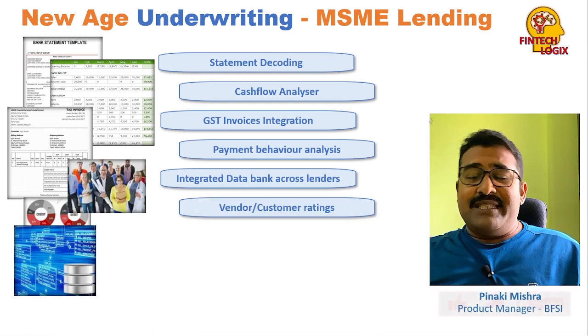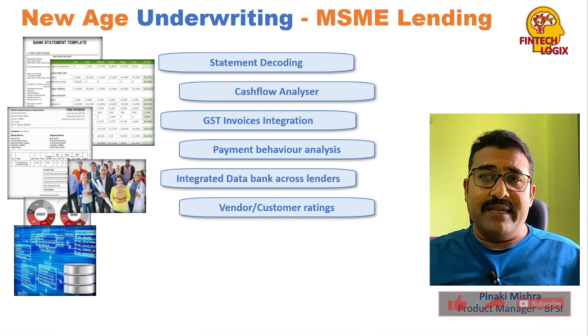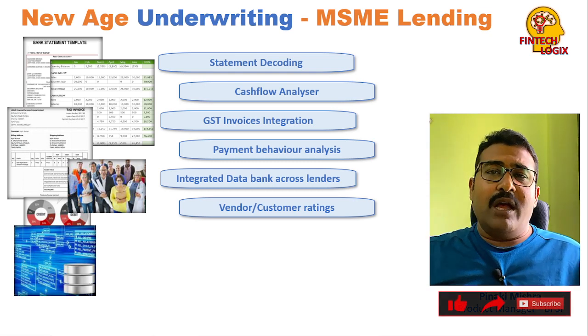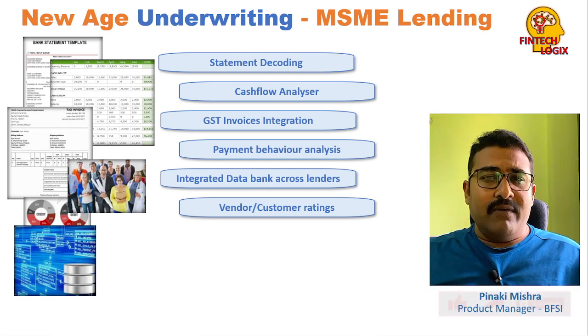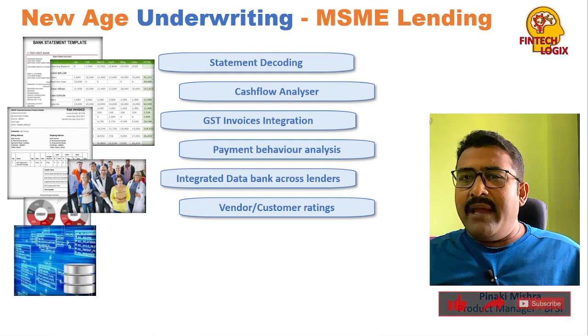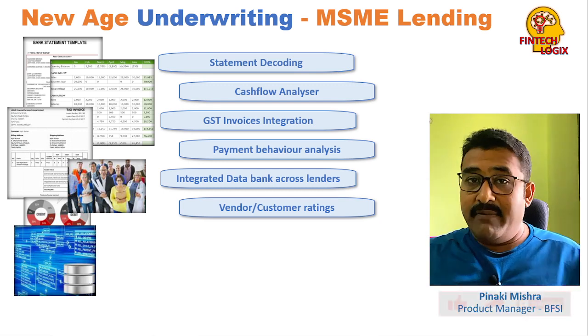The next factor being considered here is vendor and customer ratings. In conventional loan underwriting, the ratings given by vendors or customers were not given much emphasis.